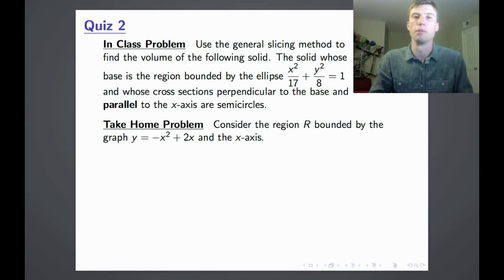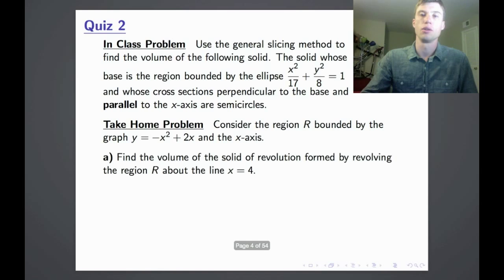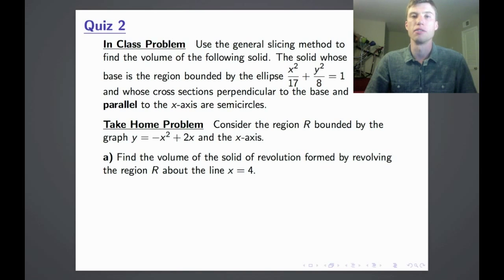The take-home problem considered a region R bounded by the graphs y equals negative x squared plus 2x and the x-axis. The first part asks us to find the volume of the shape formed by revolving this region about the line x equals 4.